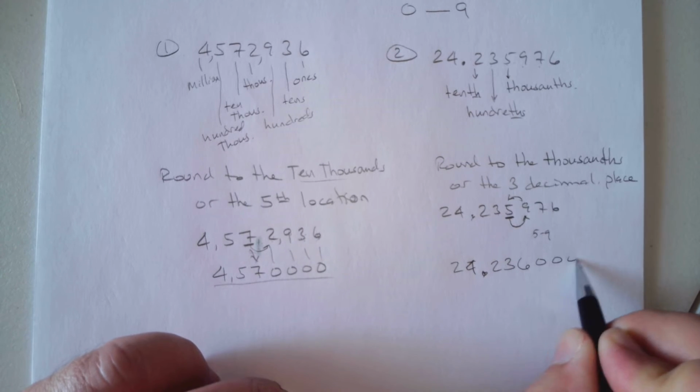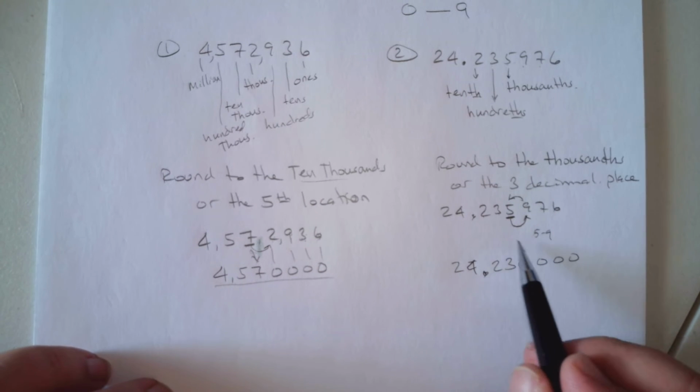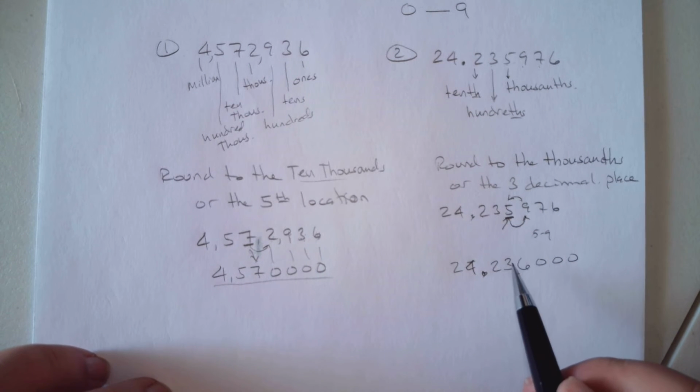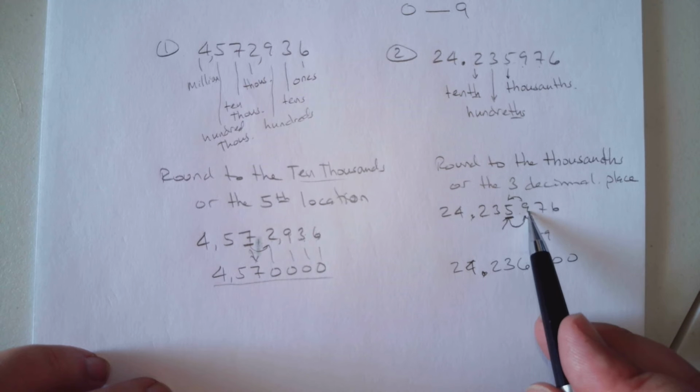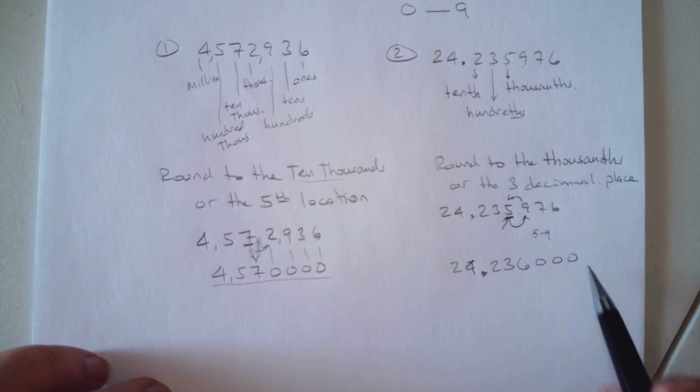And everything behind it goes to 0. And there you have it. I rounded to the 3rd decimal place, which is the thousandths. Since the 4th number was 9, I added 1 to it, and made the rest 0.